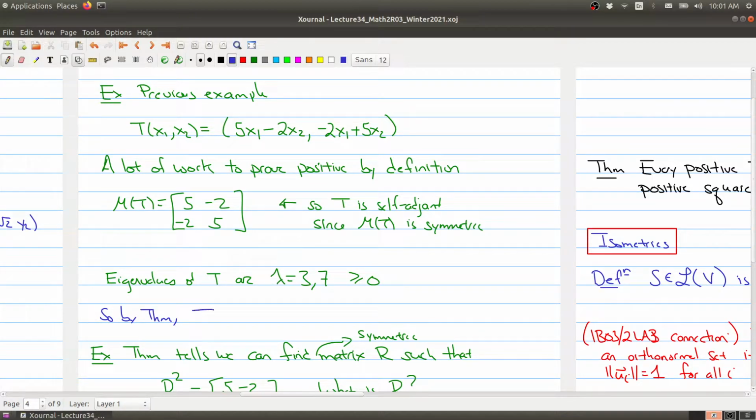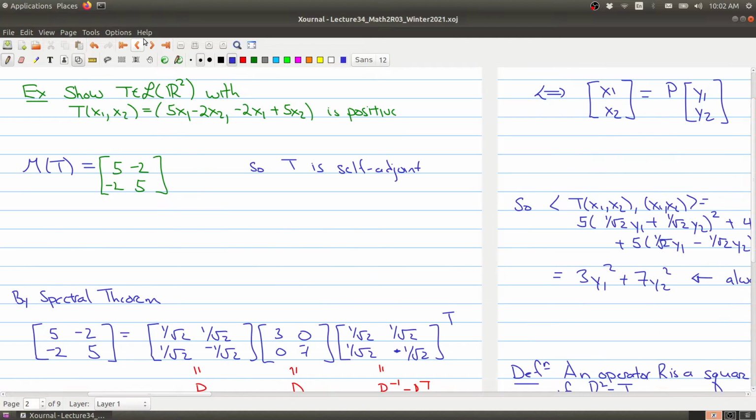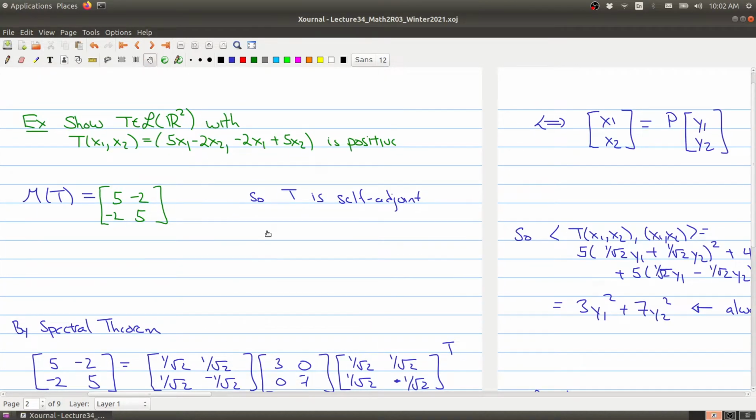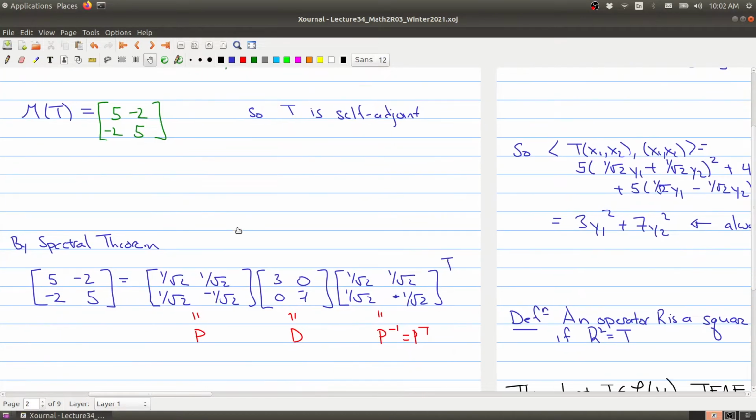So by the theorem, T is positive, okay? So I want to point out, when we did all of this work here, we already saw that this was self-adjoint, and we applied the spectral theorem. So we knew that it's a symmetric matrix, so you can diagonalize it, and when we diagonalized the matrix, we got this diagonalization, and these entries right here, the 3 and the 7, are the eigenvalues, and they're positive. So we could have actually stopped right here and said, this operator is a positive operator.